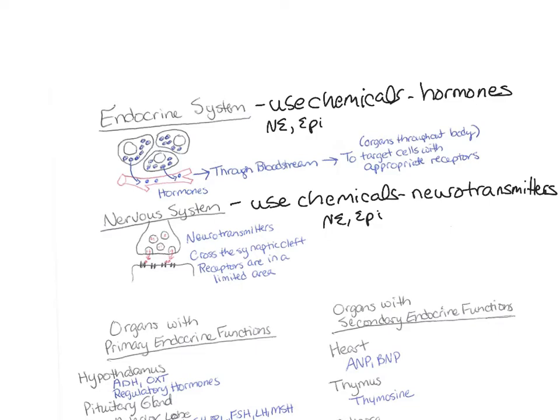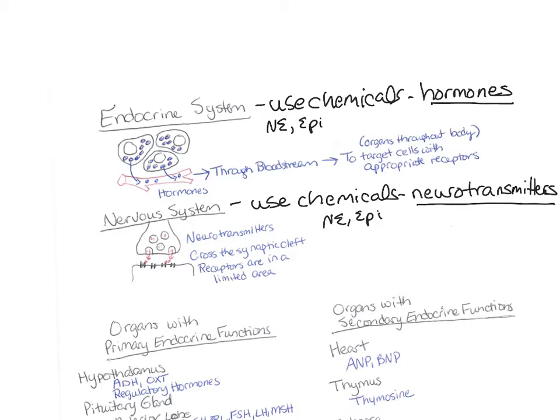Both systems work on a negative feedback. So in the endocrine system, if the hormone level gets really high, then the glands that secrete that hormone will stop secreting it so that the hormone level doesn't get too high. Same thing with the nervous system as well. When neurotransmitter levels get too high, then negative feedback will cause those neurotransmitters to be secreted in lower amounts.